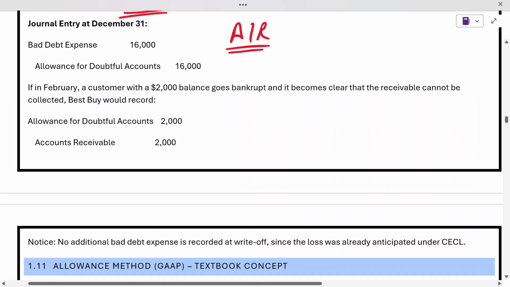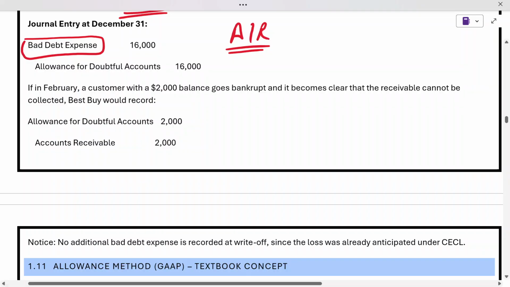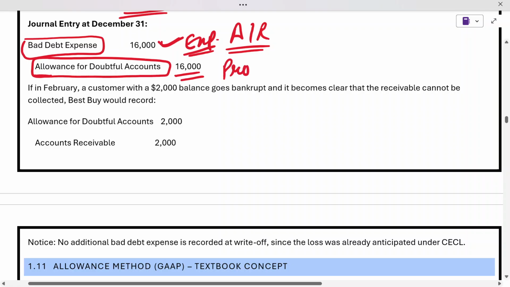So we will simply pass a general entry: bad debt expense is debited because it is our expense, and we will be creating an allowance account, which is credited for $16,000. This allowance account is basically a provision account, or a liability account, I can say. So bad debt is debited because it is an expense, and the allowance account is credited.